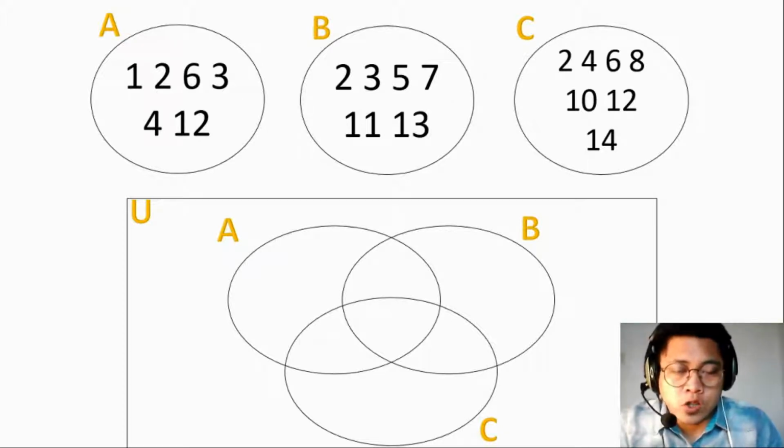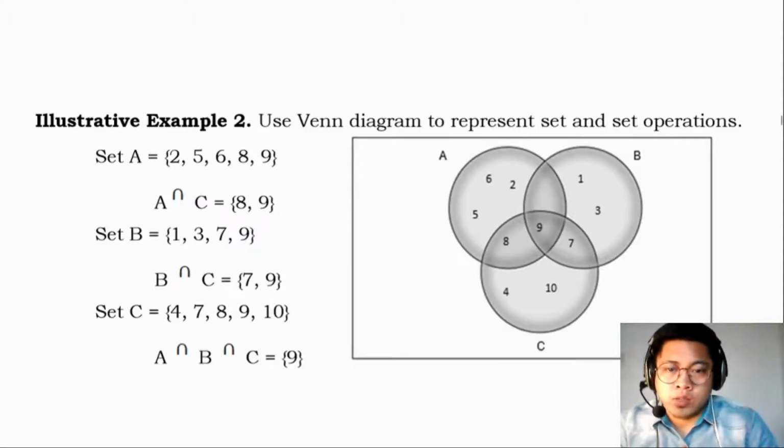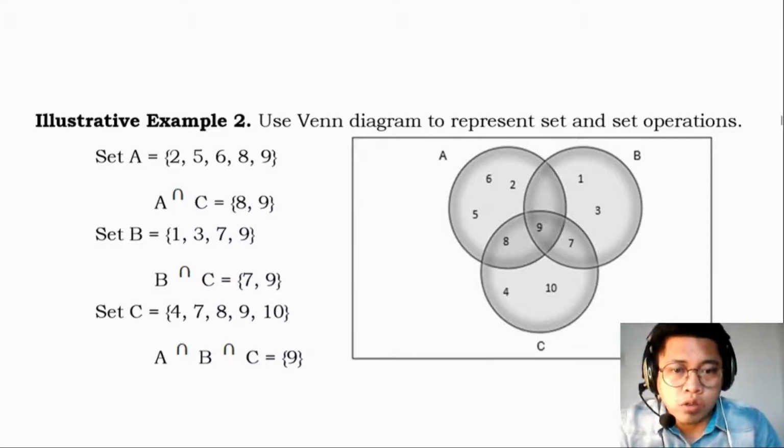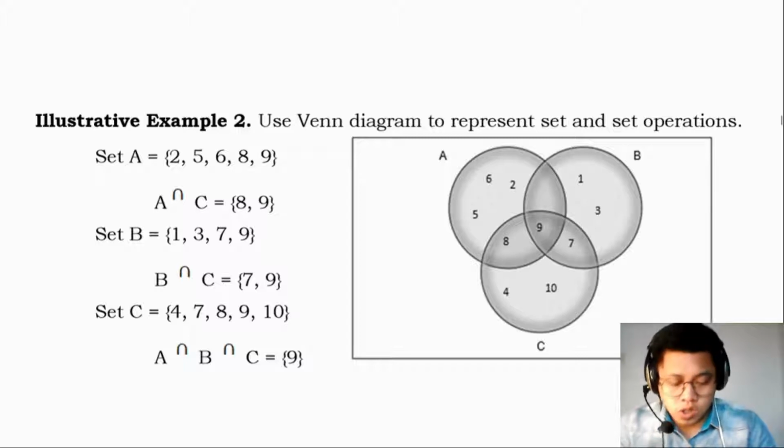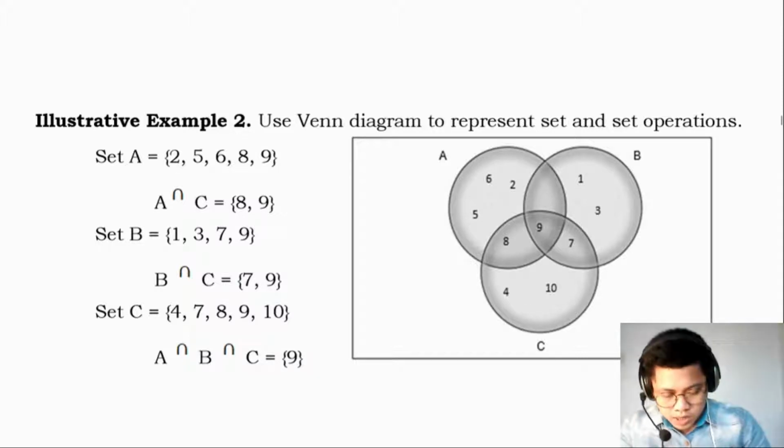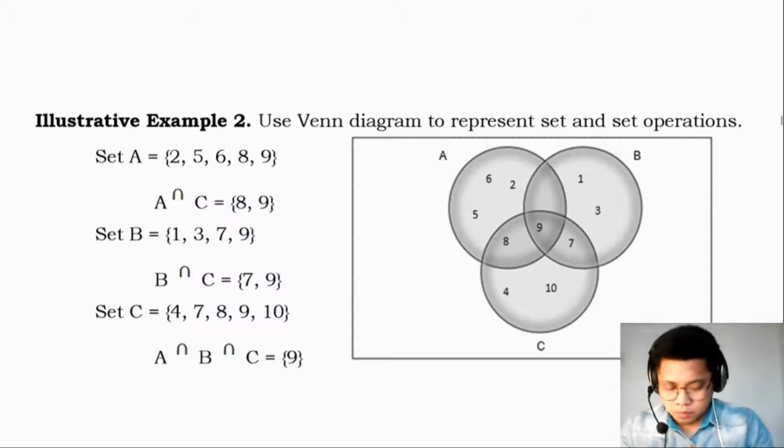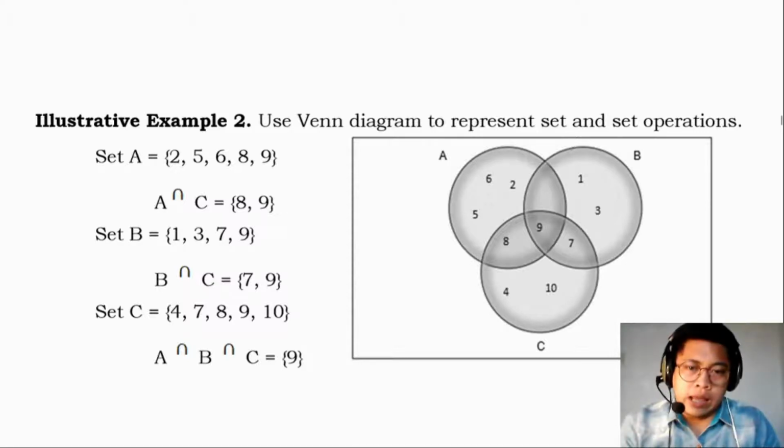Para sa learning task number 1, maging gabay ang illustrative example number 2, which is use Venn diagram to represent set and set operations. Ito po ay makikita sa ating module week 2 Venn diagram page 11.